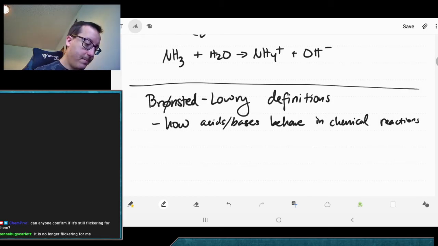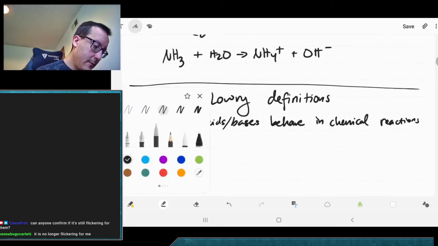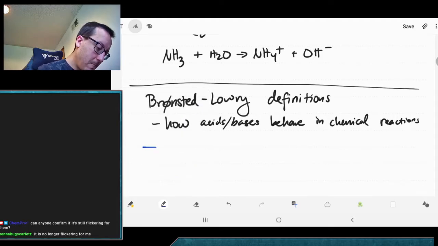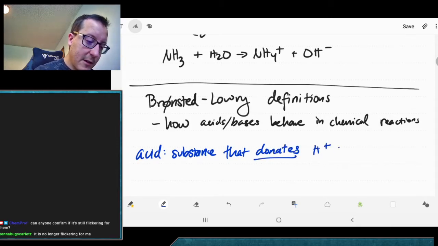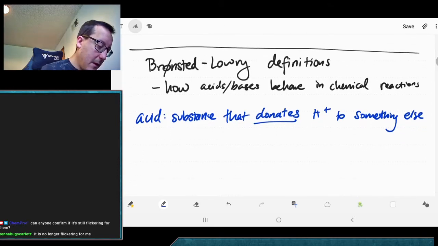And we're going to see that an acid is the substance that donates H plus to something else. And a base will be the opposite.